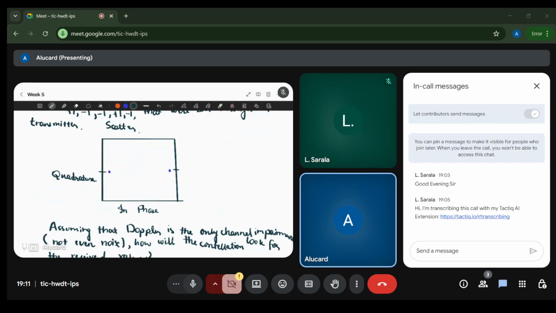So the worst that can happen due to Doppler is that some of the power went from your in-phase component to your quadrature phase component. So Doppler can cause a change in phase, but the overall power has to be the same. So the constellation has to lie on a unit circle.